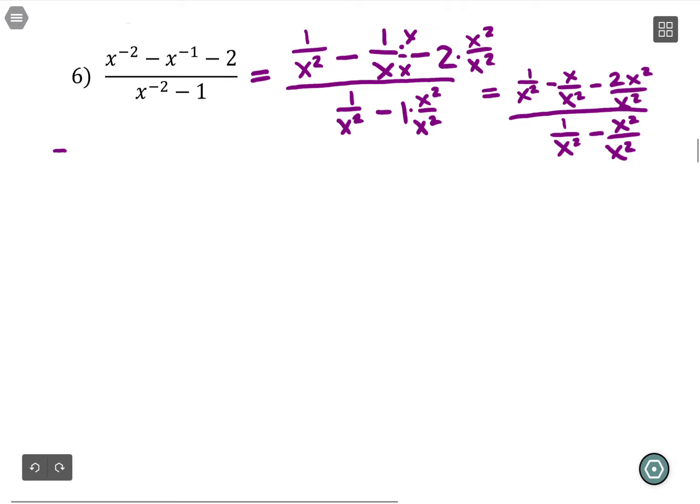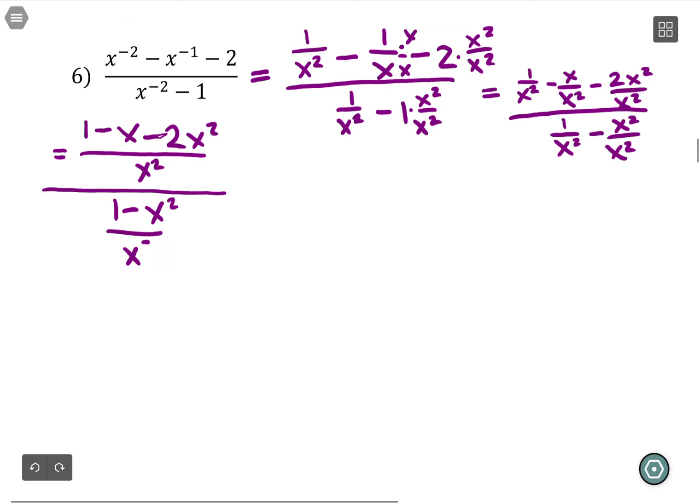Okay, so when we go to combine, we're going to get 1 minus x minus 2x squared over x squared for our numerator, and 1 minus x squared over x squared for our denominator. So we've now performed all of the subtraction. We are ready to say things are now officially grouped as they should be. Let's multiply by the reciprocal.